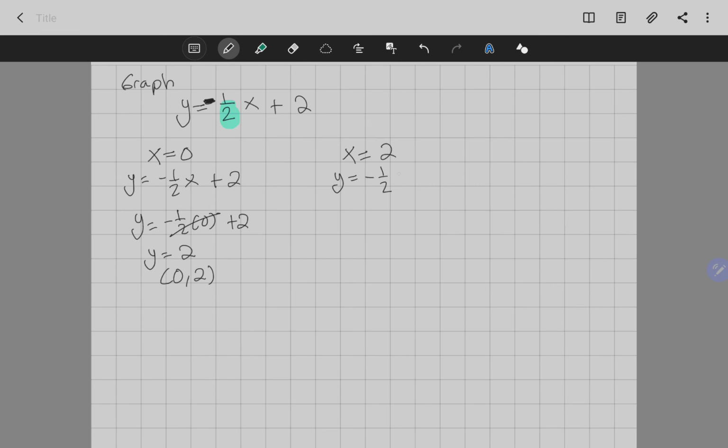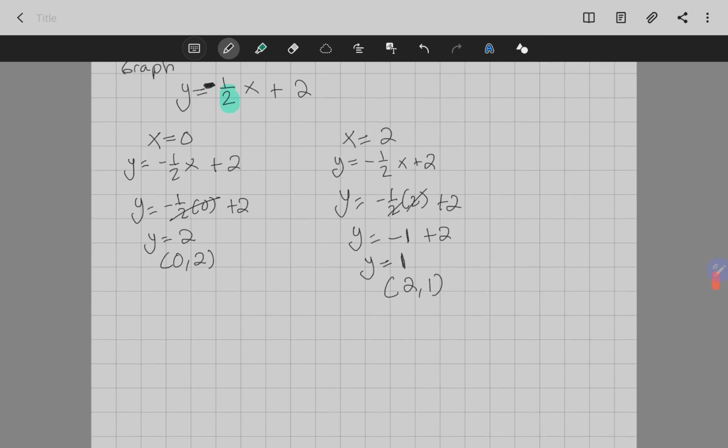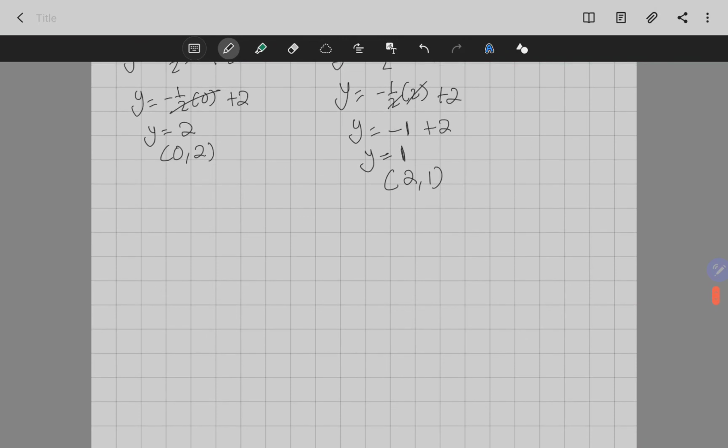Y equals negative 1 half x plus 2. I replace that x with 2, so I got y equals negative 1 half times 2 plus 2. So I got y equals, those 2's cancel out. So what I have left is negative 1 plus 2. So I got y equals 1. So my point is 2, comma 1. And like I've said, once you have 2 points, that's all you need. Because now from here, I can actually graph this.